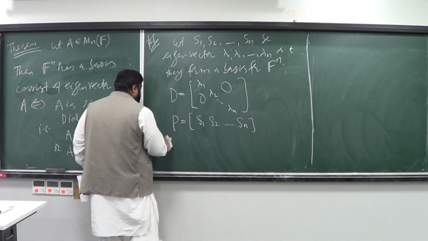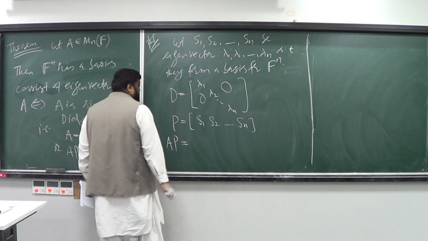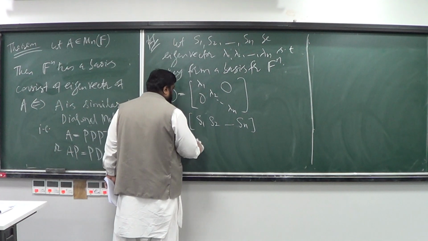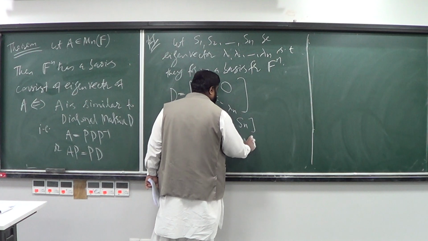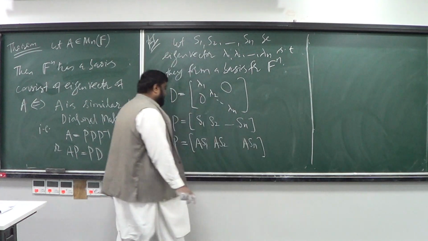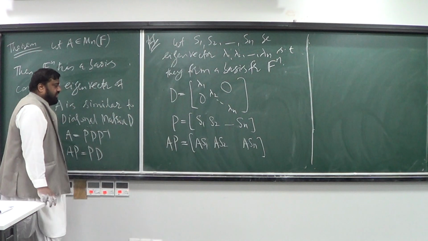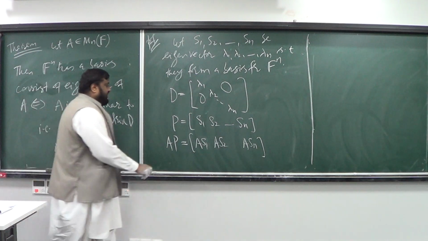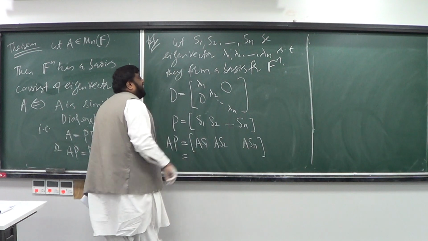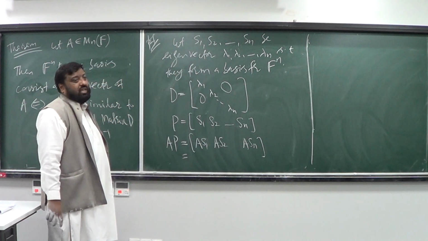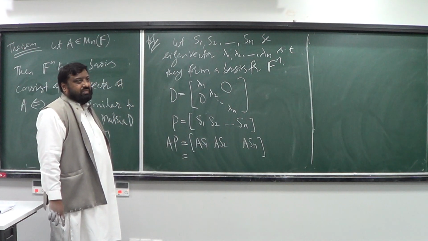So let's compute AP. What are you going to get? This is going to be AS1, AS2, up to ASn. Now what is AS1? S1 is the eigenvector associated with lambda 1.